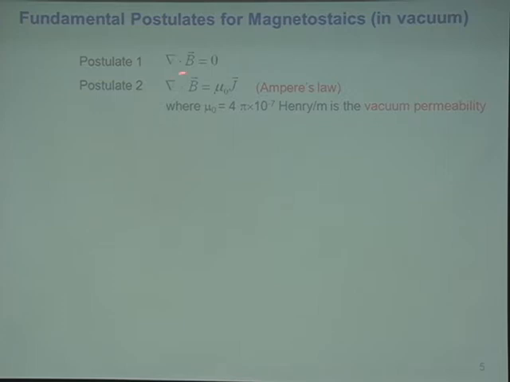Well, similar to the electric field, for this B, it satisfies two postulates. When we say postulate, it means that this is something we don't understand but observe every day in nature. So the first postulate is divergence of B equal to 0.